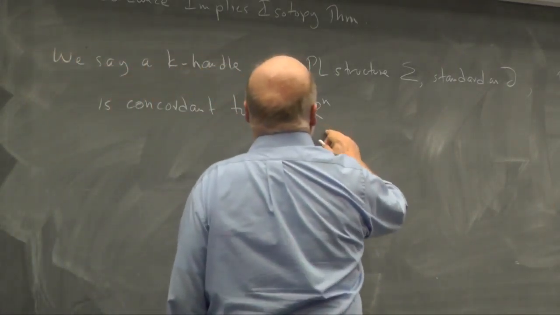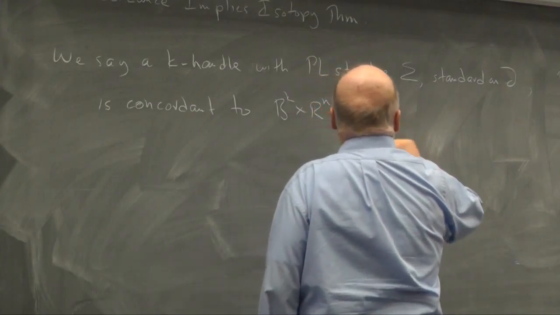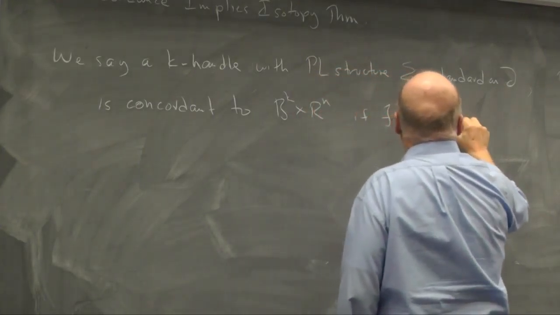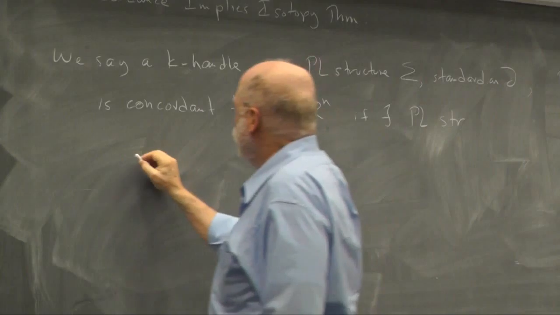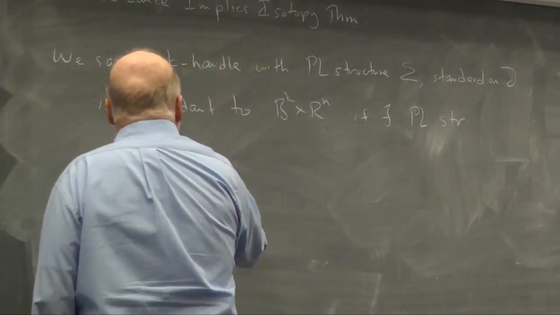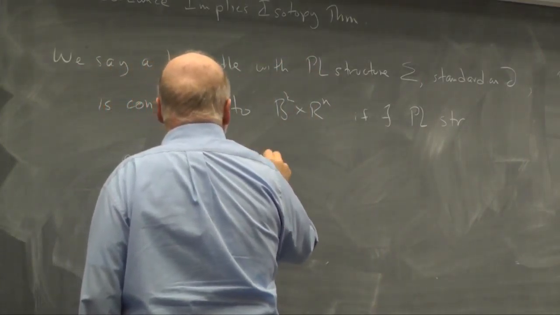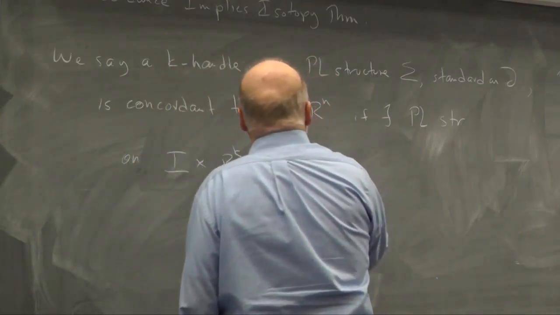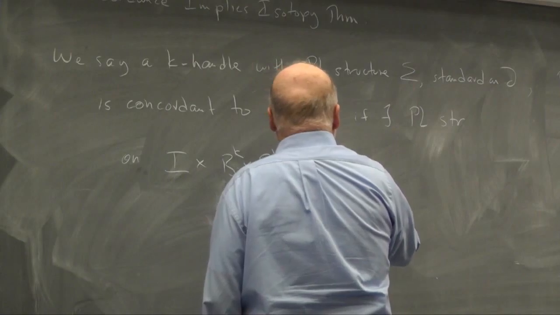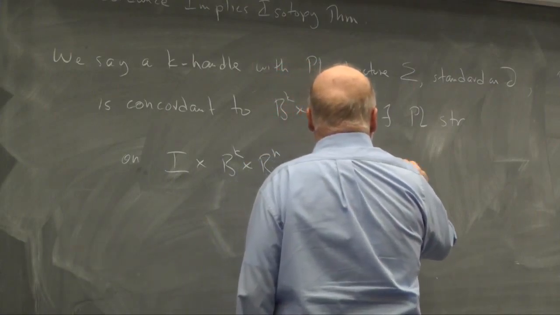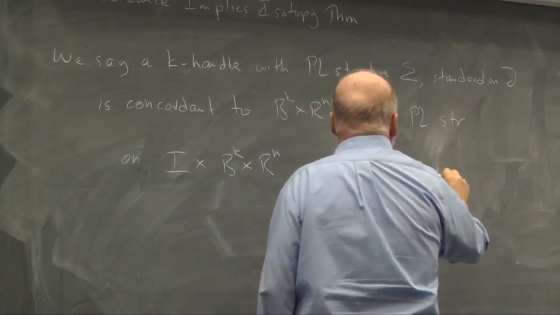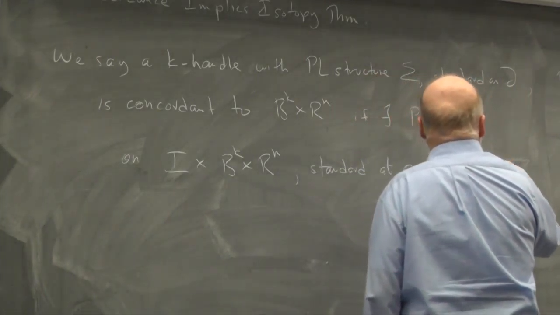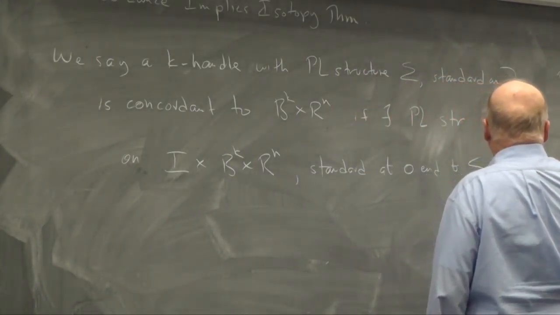Say that it's concordant to that if there exists a PL structure on I cross B^k cross R^n, standard at the zero end, and sigma at the one end.